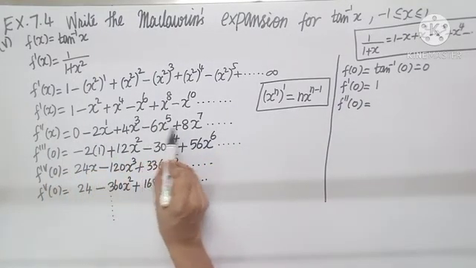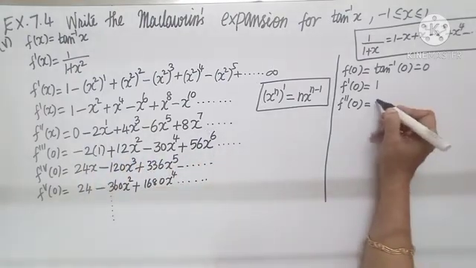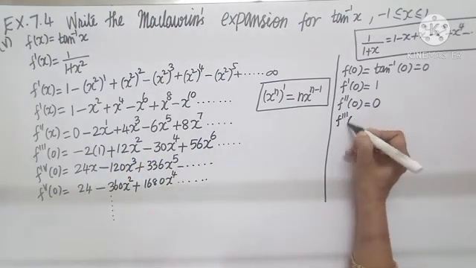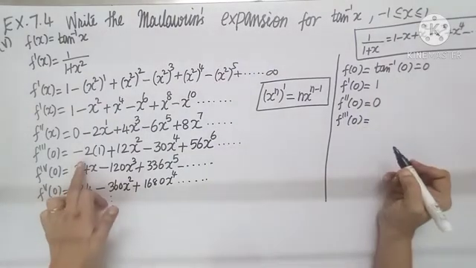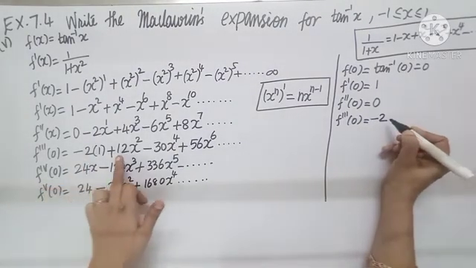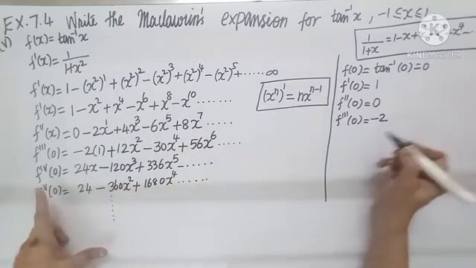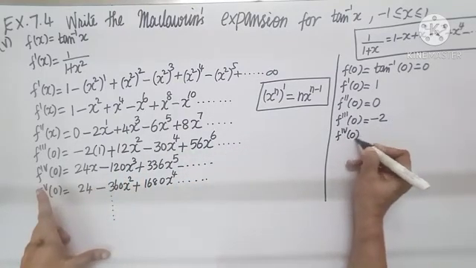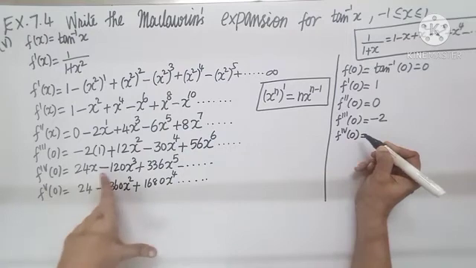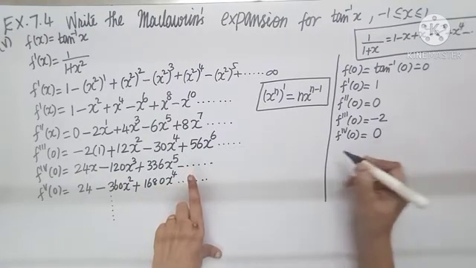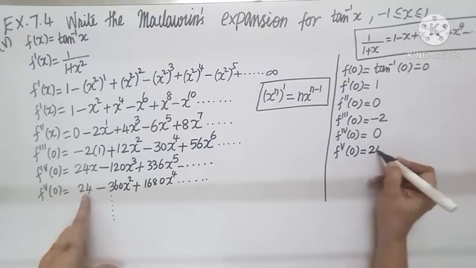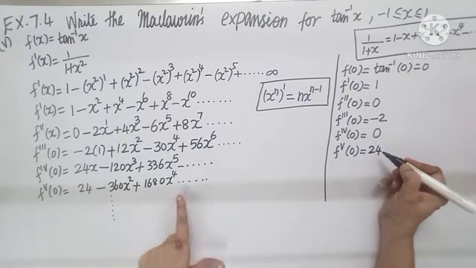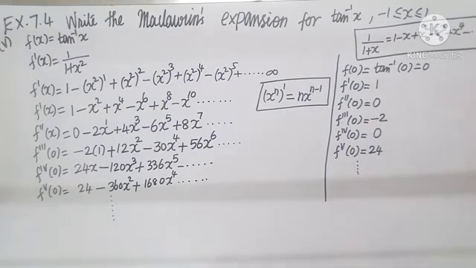X 0 tells me the entire expression becomes 0. F triple dash of 0, minus 2, the remaining terms will become 0. F fourth derivative of 0, fully containing x, so it will become 0. Fifth derivative of 0, 24, and the remaining terms containing x, so it will become 0 and so on.